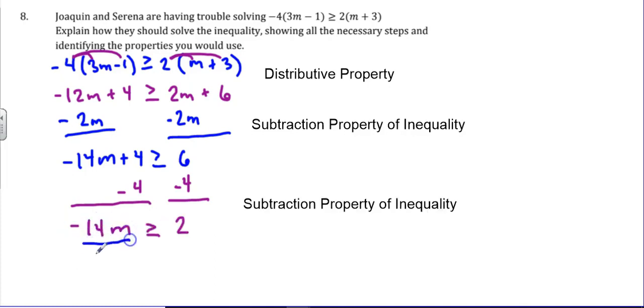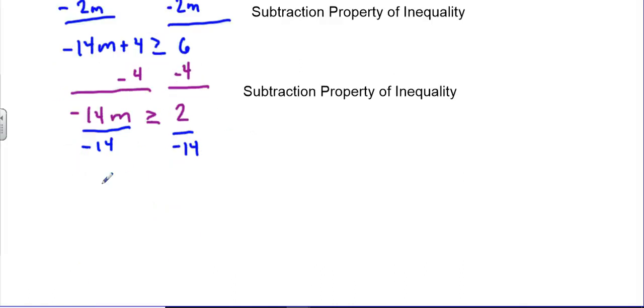Now I'll divide by negative 14 on both sides of the inequality and get m. Now I'll need to flip the symbol to less than or equal to, since I am dividing by a negative. You get negative 1/7. So that was the division property of inequality.